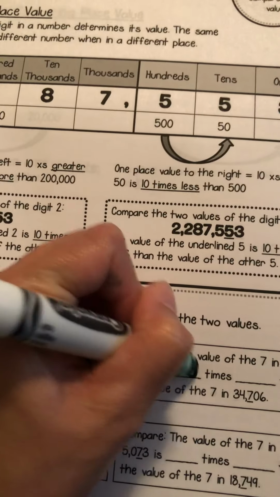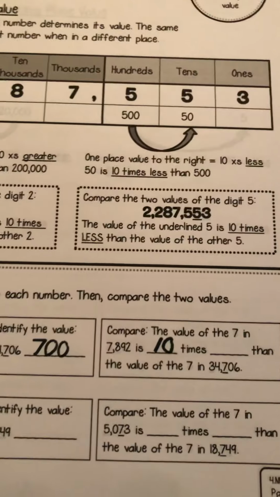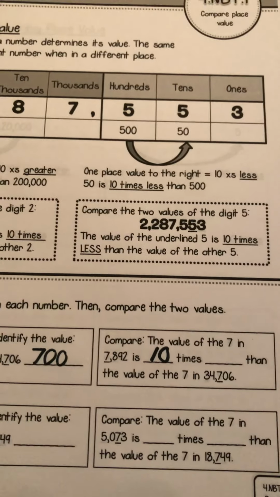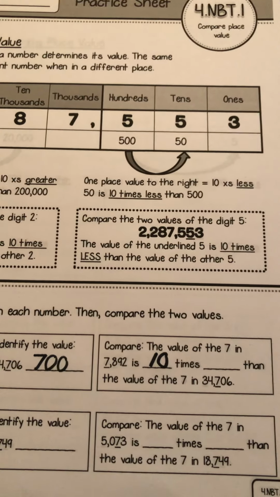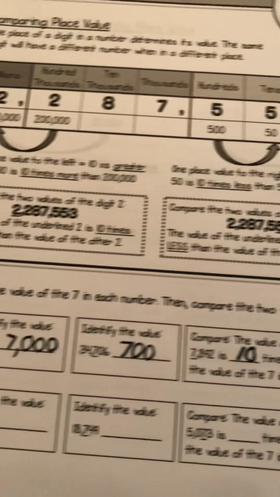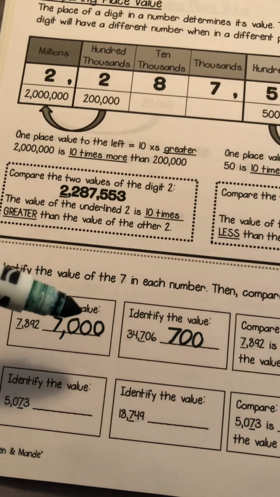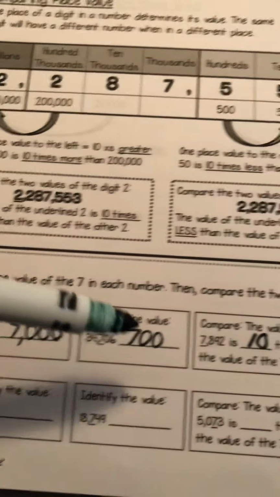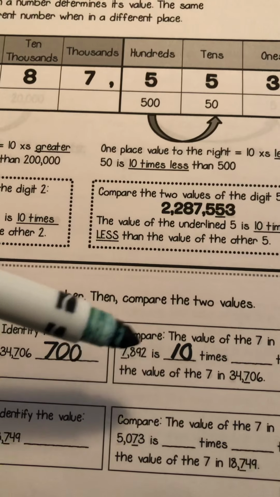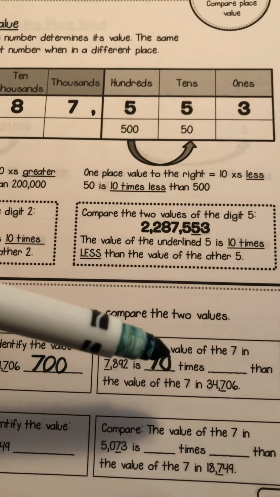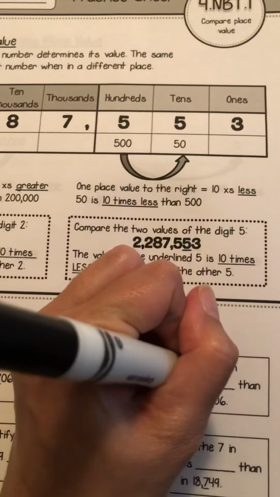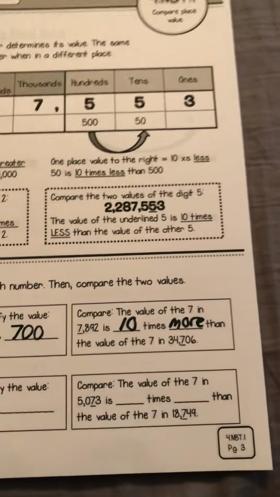So we're going to go ahead and put 10 times, because anytime you're adding 1 0 to a number, that means we've multiplied by 10. And then, like I said, since this is 10 times more than 700, that means that the 7,892 is 10 times more as well. Okay, so that's how that is going to work.